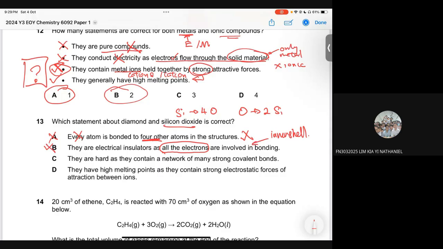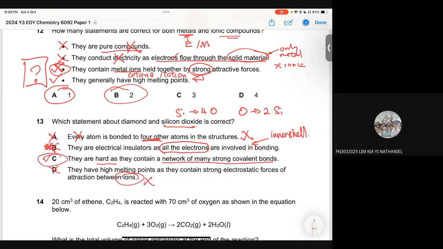Okay. Next, they are hard as they contain a network of many strong covalent bonds. We do know that sand and diamond themselves are actually hard. So therefore, C should be the correct answer. Let me just double check D. They have high melting and boiling points as they contain strong electrostatic force of attraction between ions. Between ions, obviously wrong. This is giant covalent, so there are no ions present. So therefore, answer will be C itself.